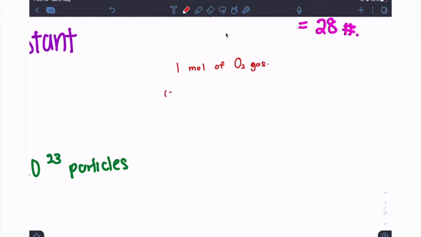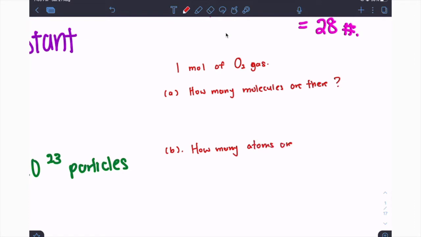In part A of the question, they can ask you how many molecules are there, and then they can also ask you how many atoms are there in 1 mole of oxygen gas.